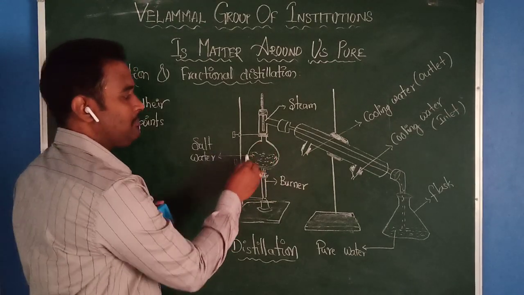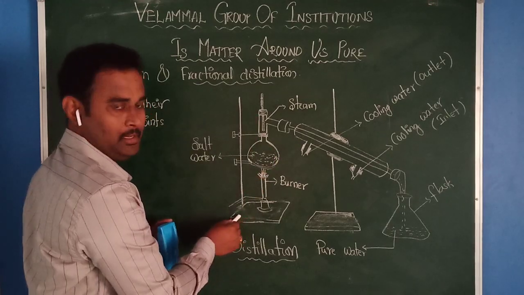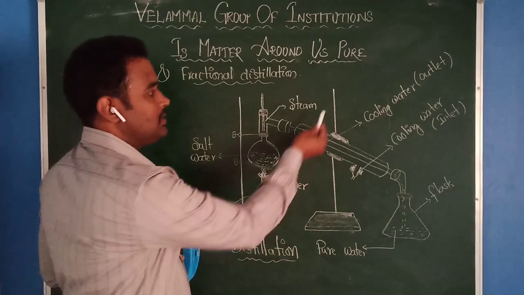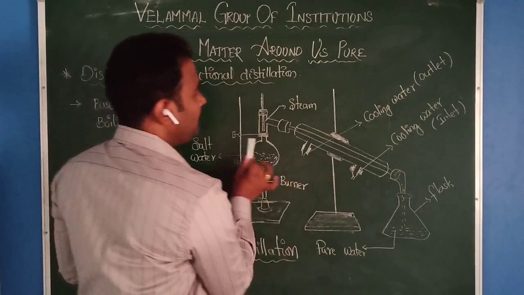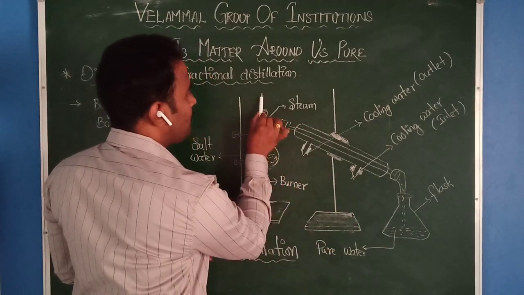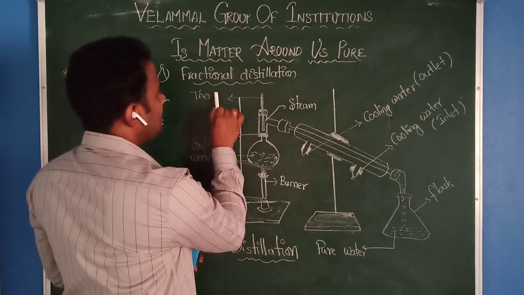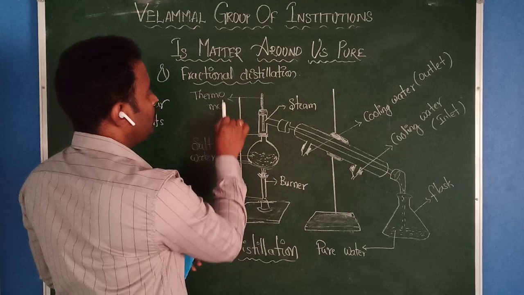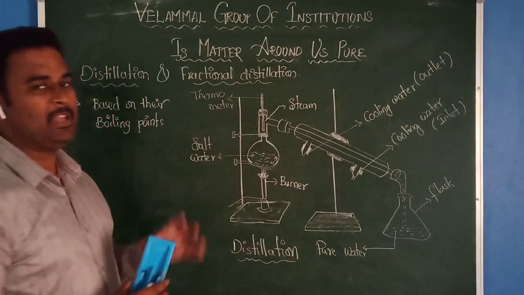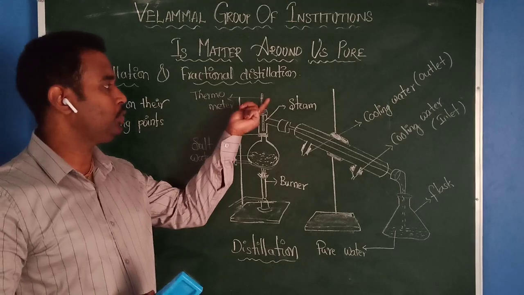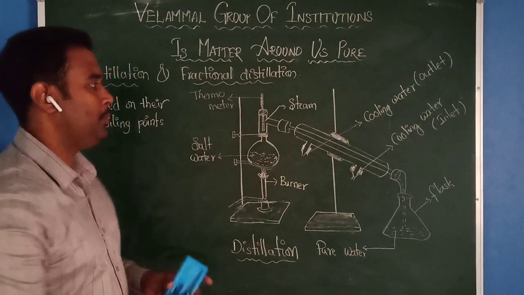This is a stand, this is a Bunsen burner, this is one more stand. Here is one thermometer, which is used to know the temperature, how much heat energy you are giving. We need to identify that by using the thermometer.